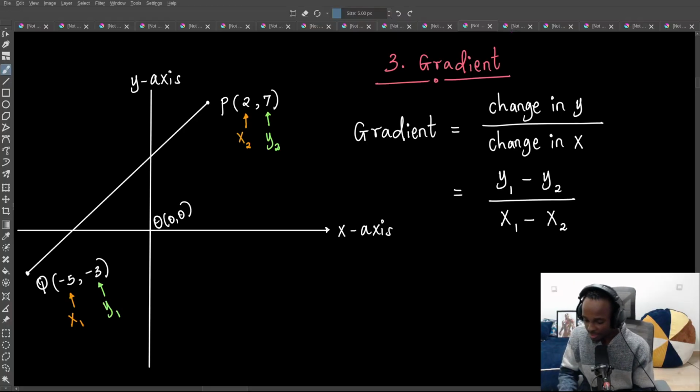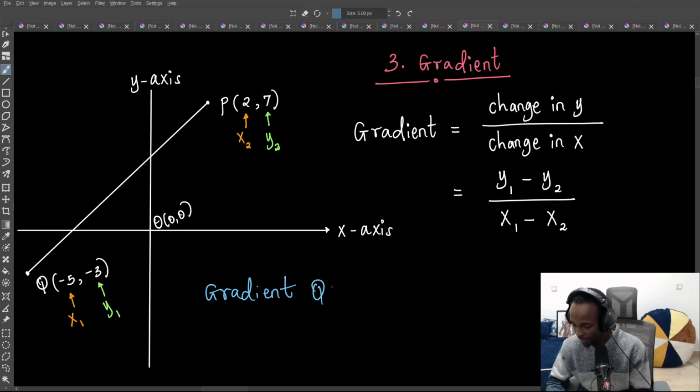So in our case, to calculate the gradient of QP, it will be y1 minus y2. So y1 is -3 minus y2, which is 7, all over x1 minus x2.